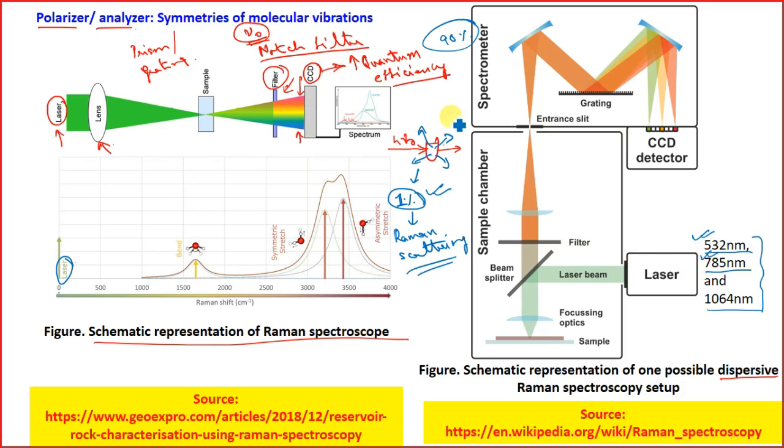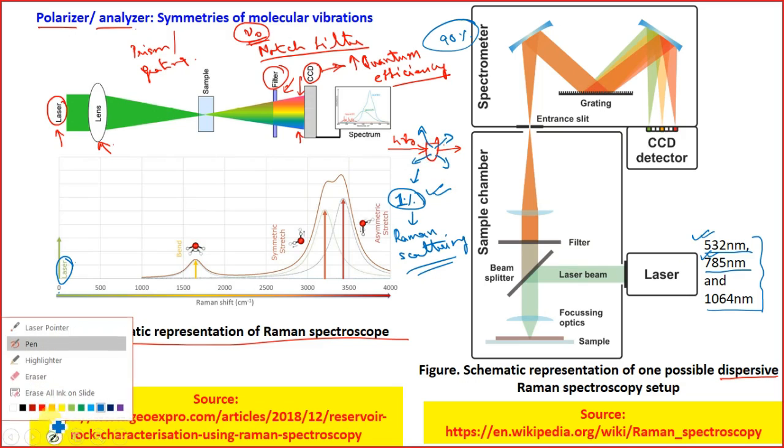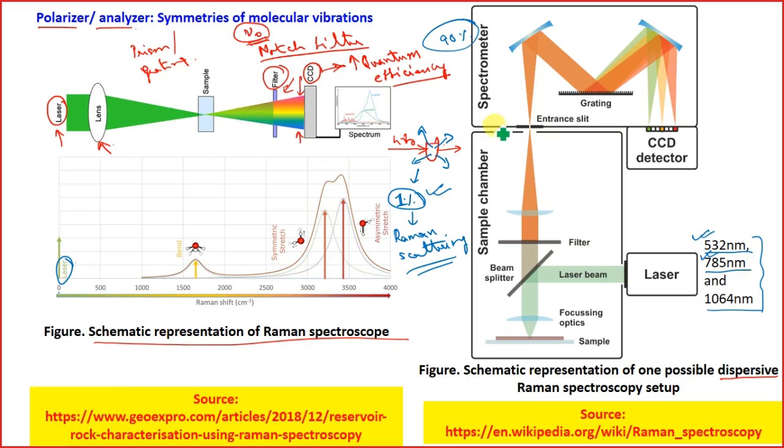Apart from the scattered light, you will also have the fluorescence, say if I mark it in green, the fluorescent photons.